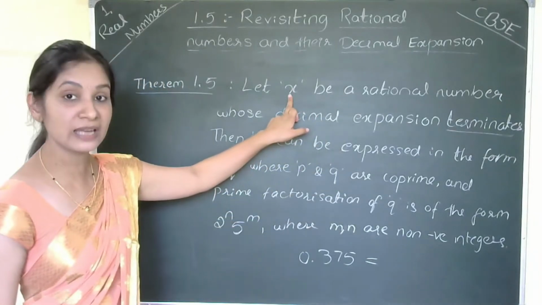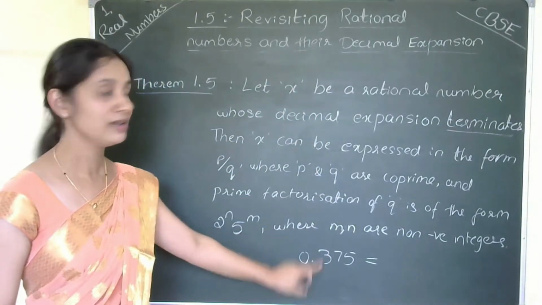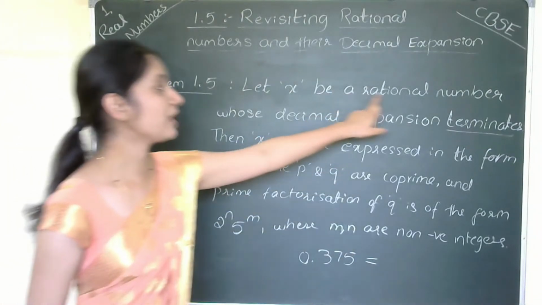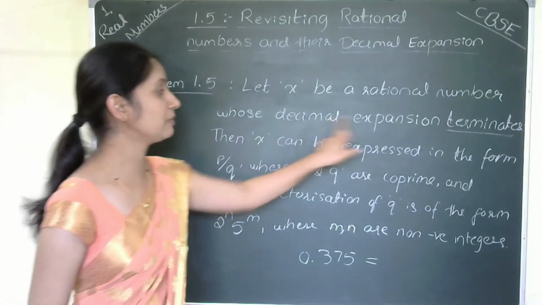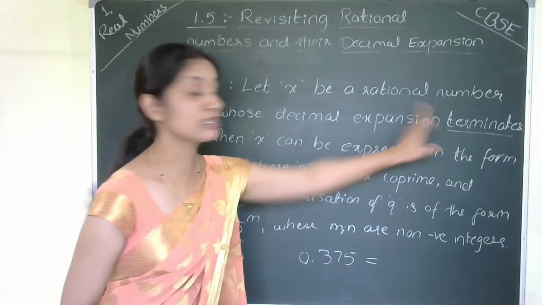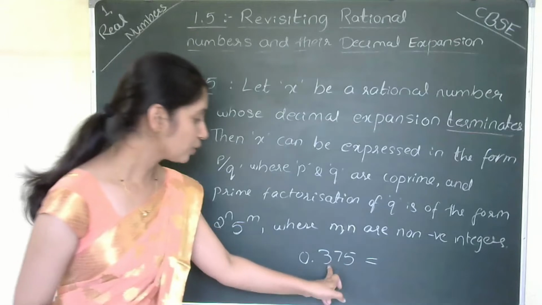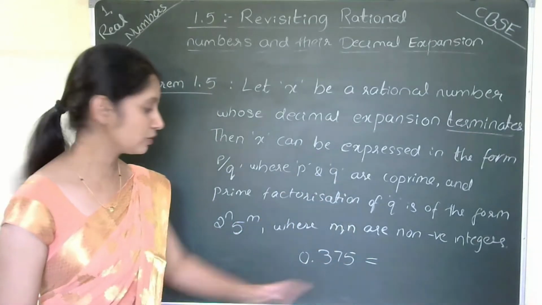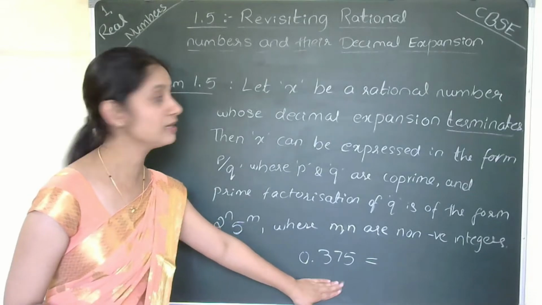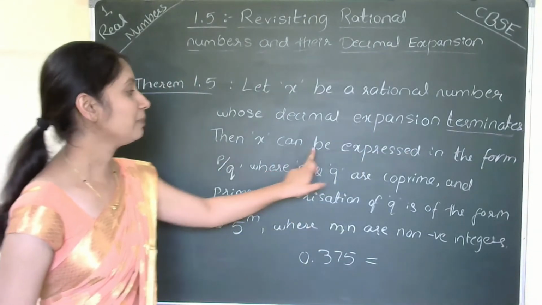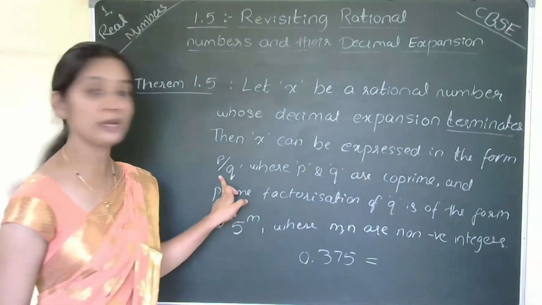I am explaining this theorem with an example. So x is 0.375, a rational number whose decimal expansion terminates. Only 375, after 5 no digit will be there. So that means it is terminated, right? So it terminates, then this x can be expressed in the form of p by q.